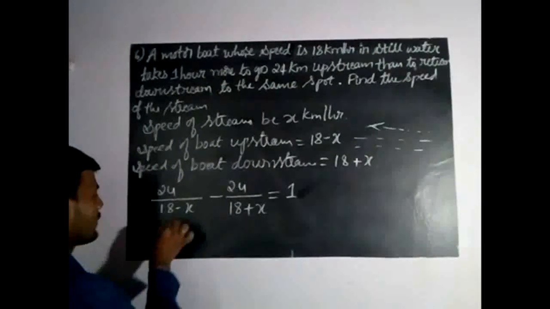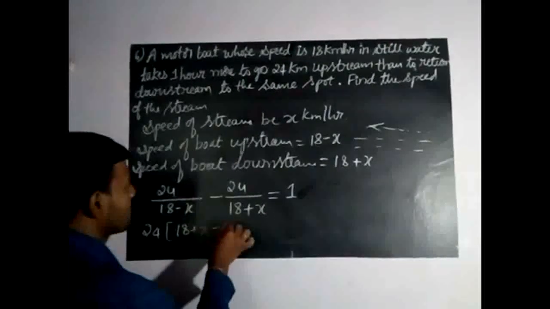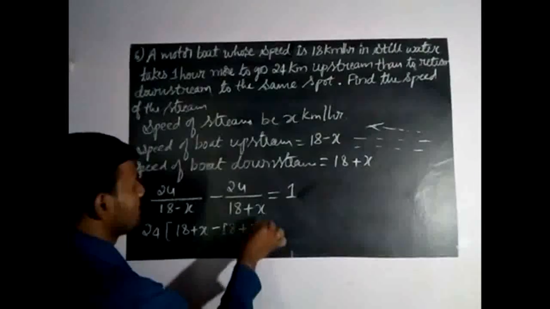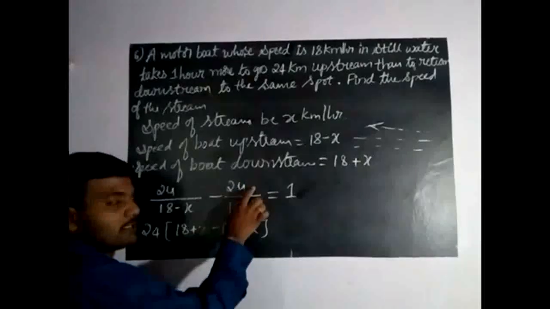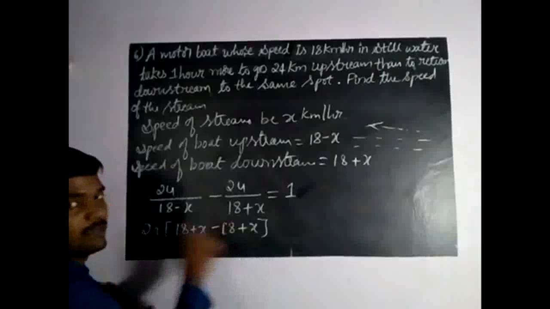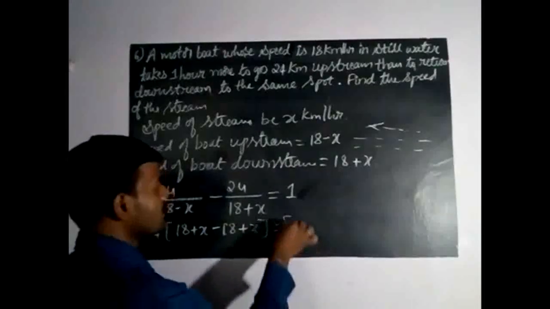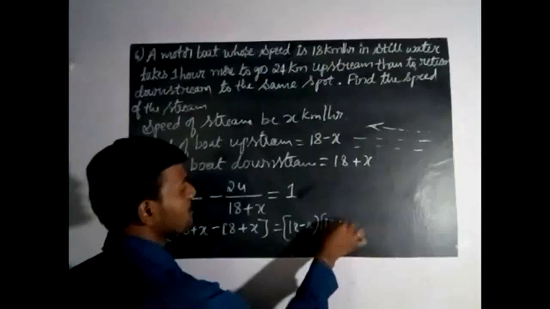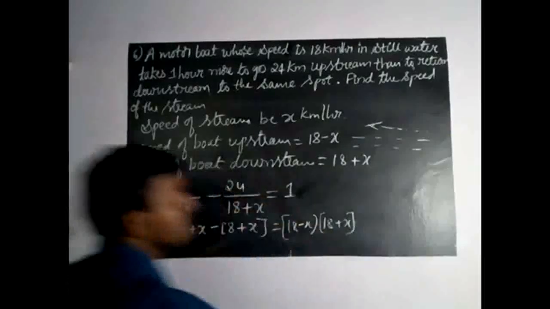Now simplify. 24 is common in the numerator. Let out 18 plus x minus 18 minus x, because this 18 minus x is multiplied here, then it becomes minus 18, and minus into minus is plus, it becomes x, which is equal to the LCM, 18 minus x into 18 plus x.